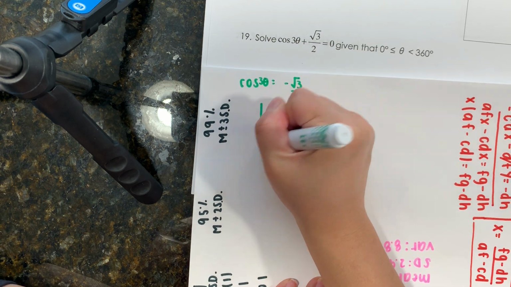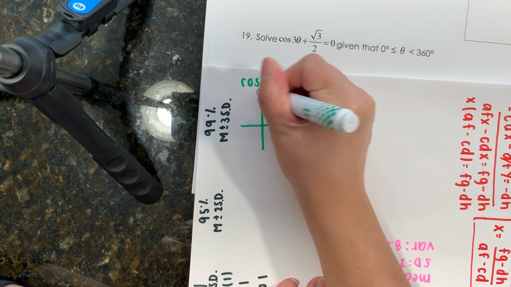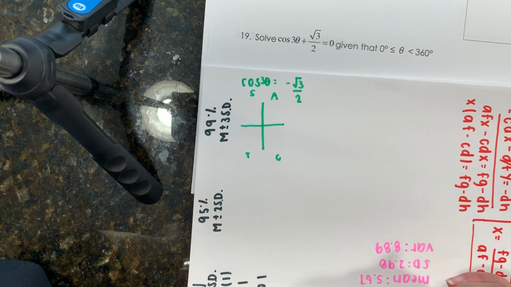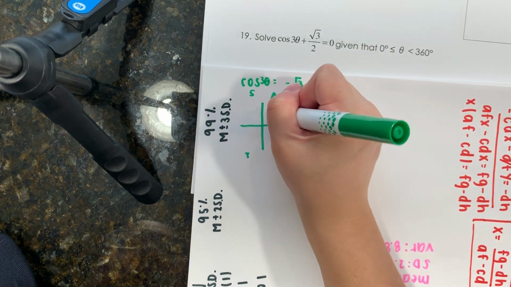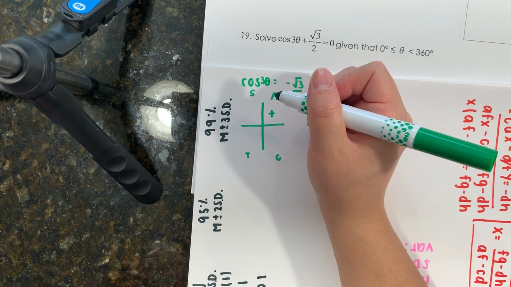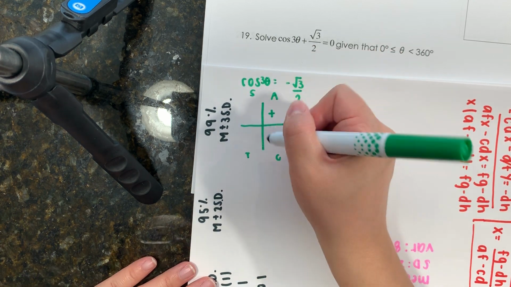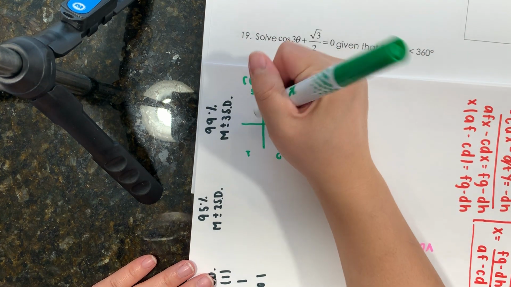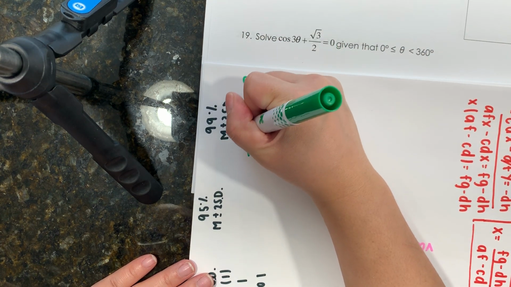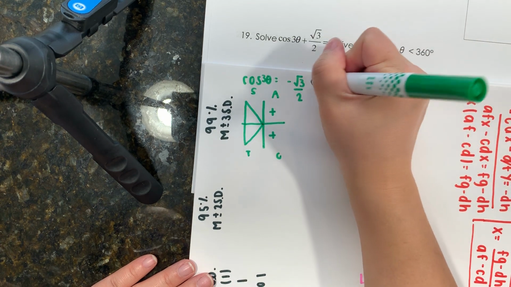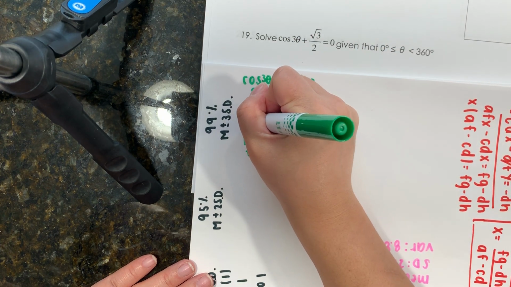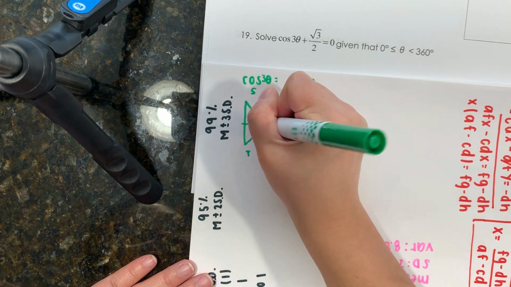Now using my chart of all students take calculus, I know that everything is positive in quadrant 1, so I'm going to say that's positive. I also know that cosine is positive in quadrant 4, so I'm going to put that positive. That means it's negative in quadrants 2 and 3. Now this is adjacent over hypotenuse, so my adjacent is negative root 3, my hypotenuse is 2.